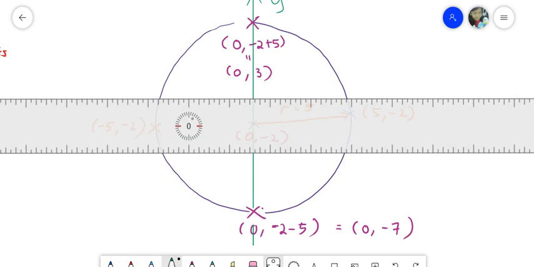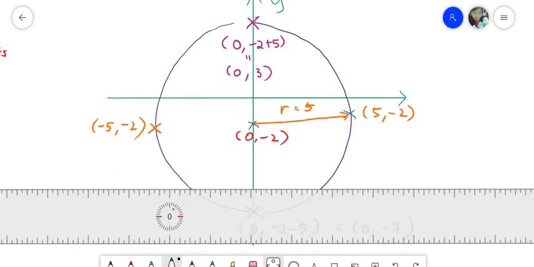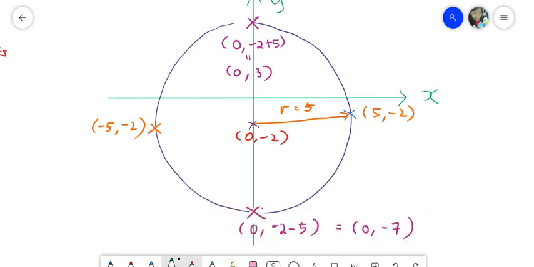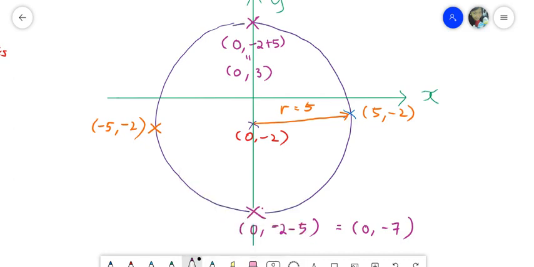This will be your x-axis. So that's the overall picture of your sketching.